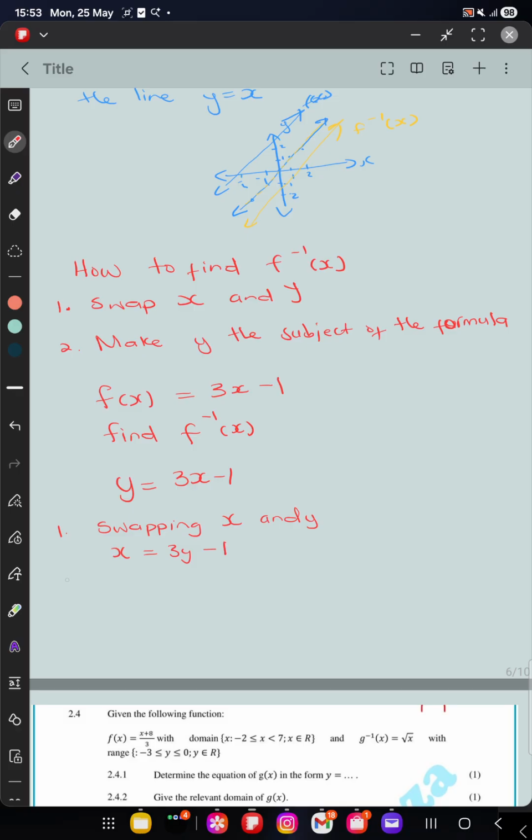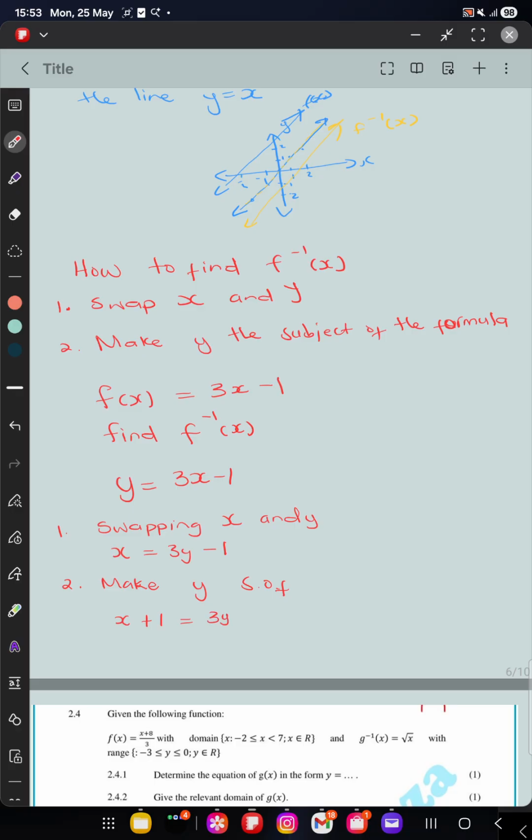Solve now. Number two, let me not rush. Number two, I am now going to make y the subject of the formula. So I'm going to have x plus 1 equals 3y.